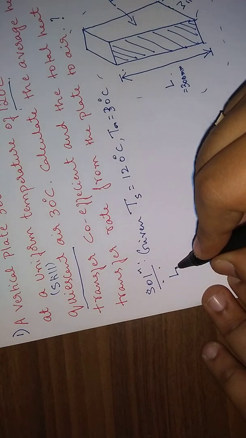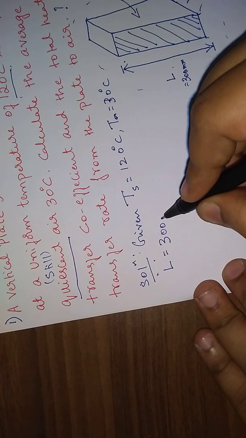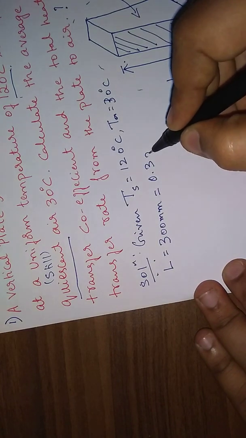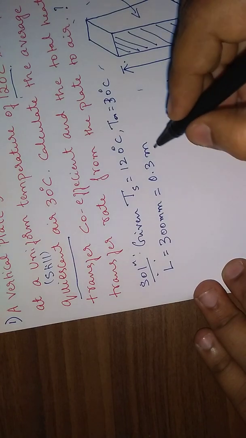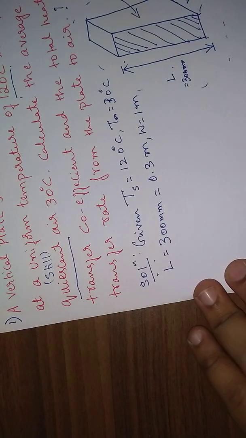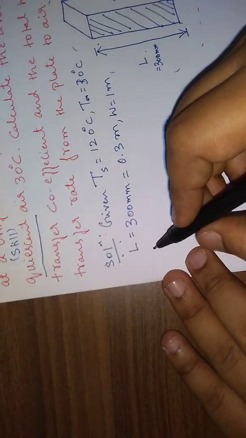The length is equal to 300 mm, which is equal to 0.3 meter, and the width is equal to 1 meter. Only this is the information that we have. So what are the things that we need to find out?